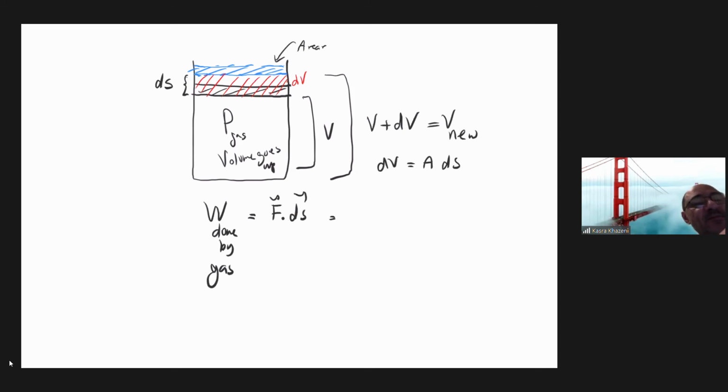But the force is pushing up and ds is going up, so this is just F ds, because they're both in the same direction. The cosine of the angle is 0. And the force is, of course, pressure times the area. But what is this thing? Well, that's this.